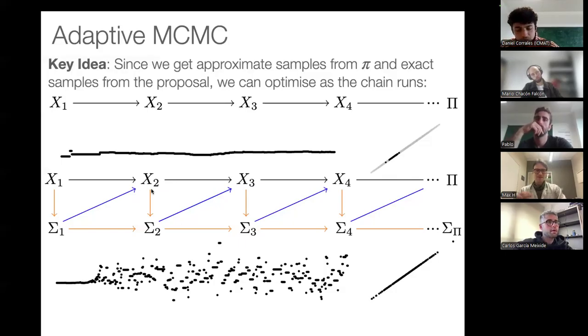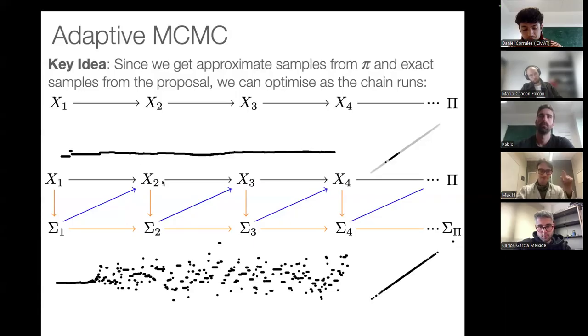And this dynamics has a virtuous cycle style effect going on, because if the states of your Markov chain are higher quality, then you get more information as to the target distribution from those states. And therefore your notion of the shape of the target distribution in these sigma parameters is going to be more accurate, and your Markov kernel is going to be more efficient.